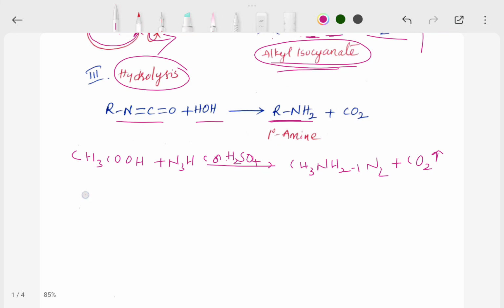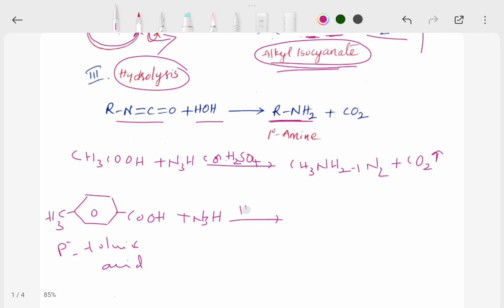You can write a number of examples. For example, CH3 on toluene and COOH, para-toluic acid, plus hydrazoic acid, N3H, in the presence of H2SO4 and chloroform, CHCl3.